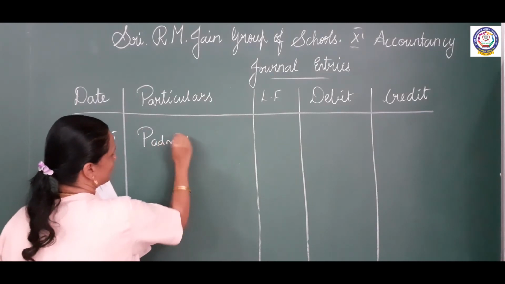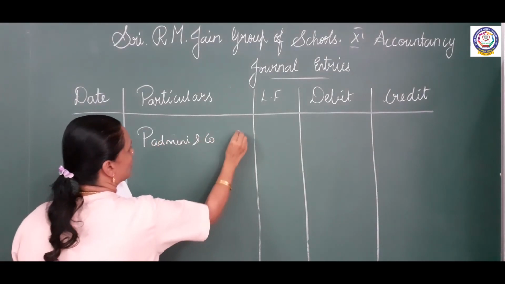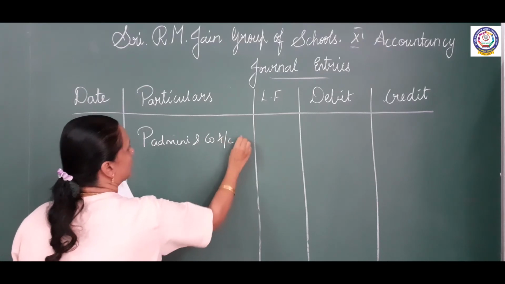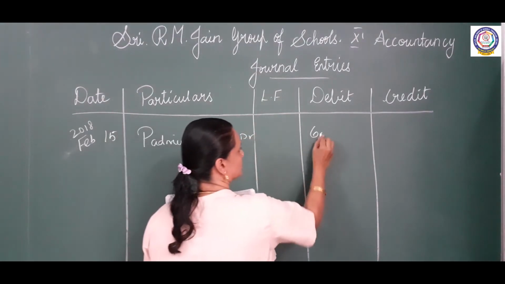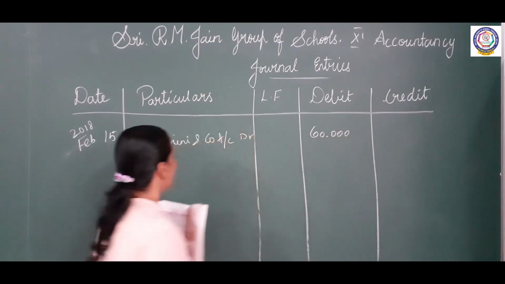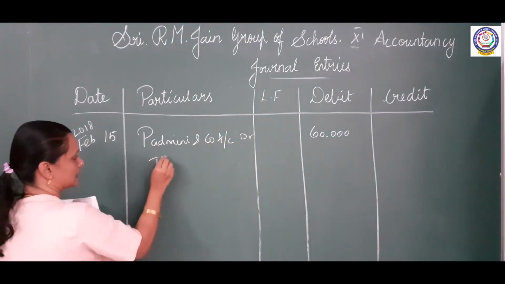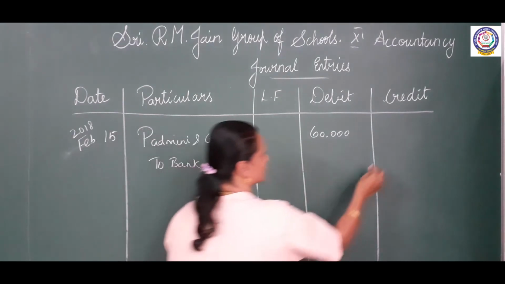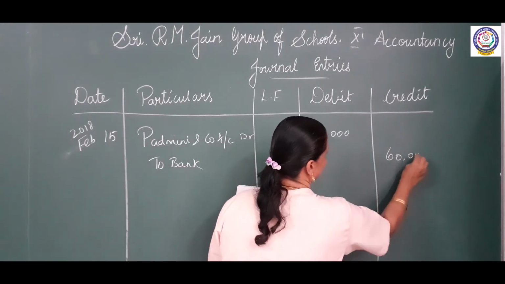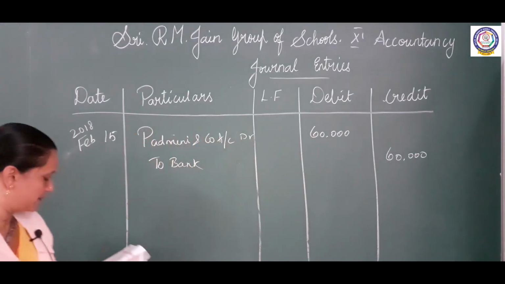Padmini and Co. account debit. How much? 60,000 rupees. And then to bank. The bank only dishonored, no? So dishonored, so opposite entry. Okay, 60,000.